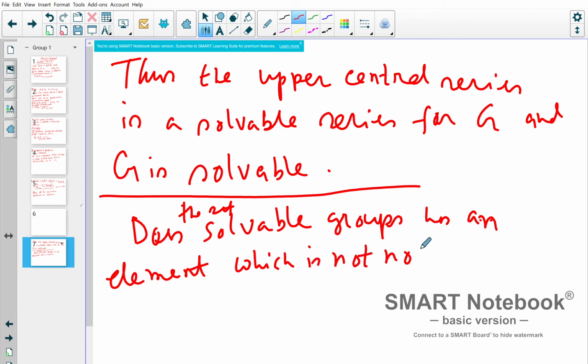So other than nilpotent groups, do we have something?